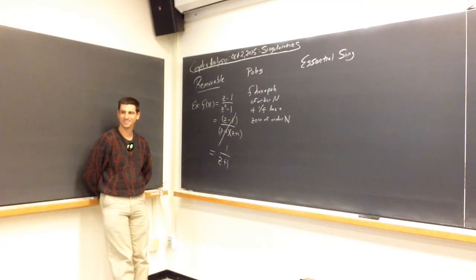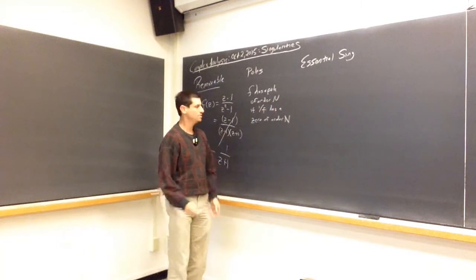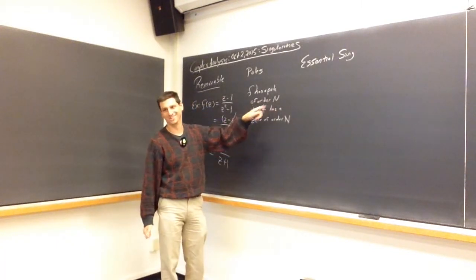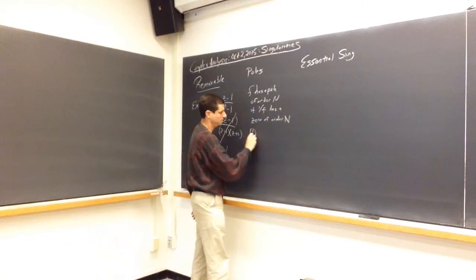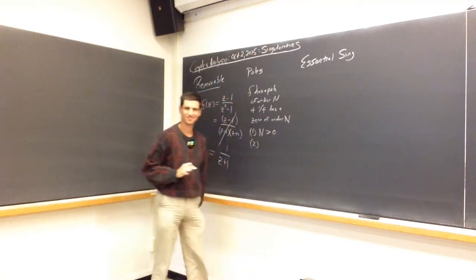I'm sorry? It's big. No. I mean, if you said capital, I wouldn't be able to yell at you for capital, but it's probably positive. We're not going to talk about a 0 of order 0. All right, so 1, n is greater than 0, and 2.